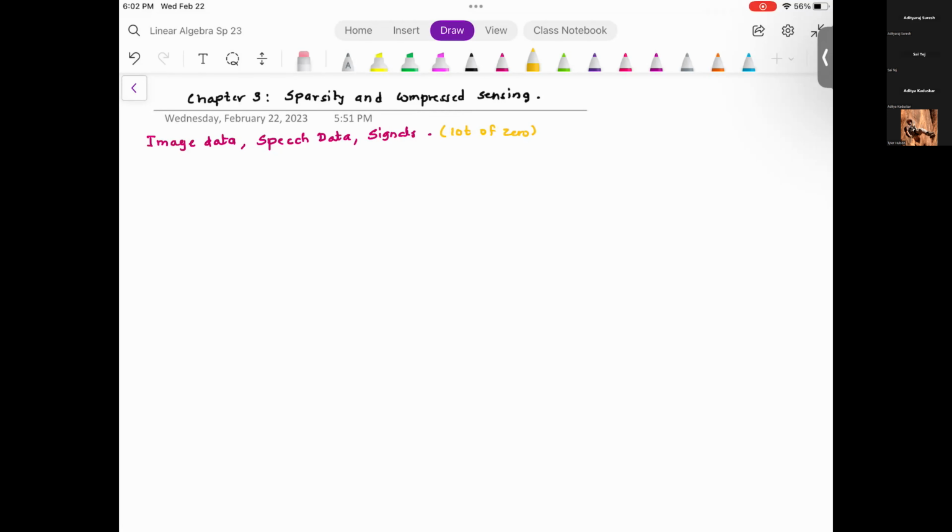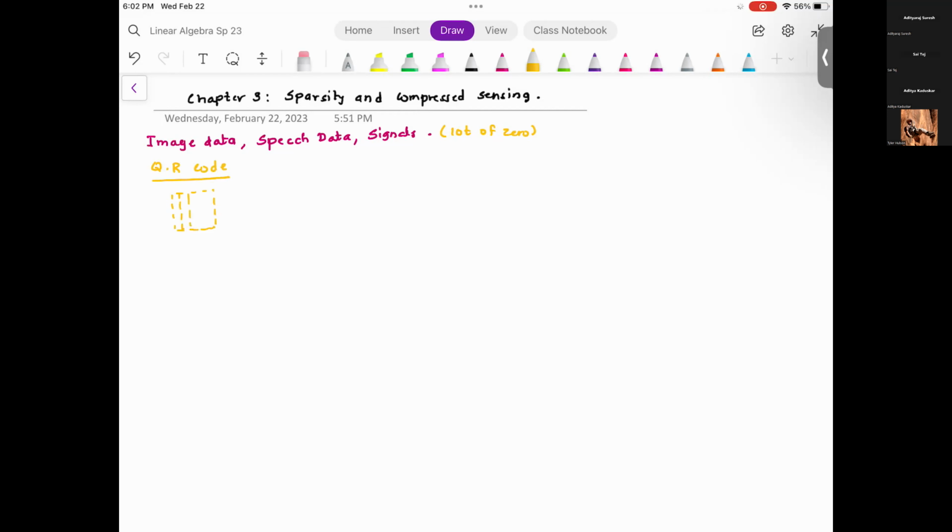For example, if you think about the popularity of QR codes. A QR code is like a rectangular box and it has binary images.